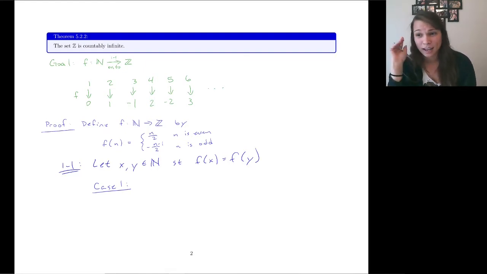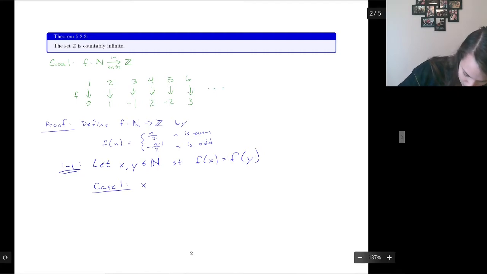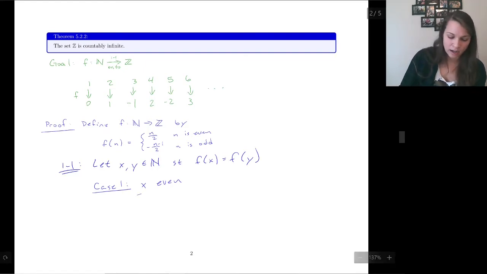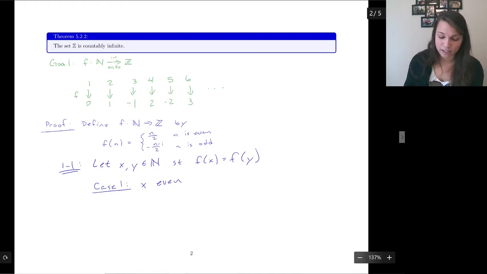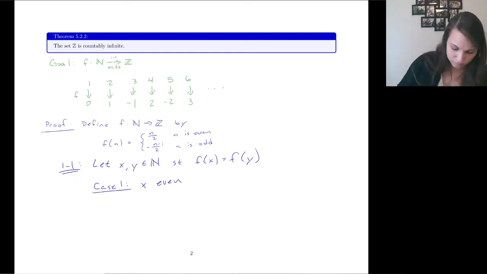That's 4 cases. I don't want to do that. I don't have to do that. So case 1, just looking at x is even, and then case 2 would be just what happens if x is odd. I can use that x is even to my advantage. I can figure out something about y. That way I don't have to go through and do every combination of y with x.